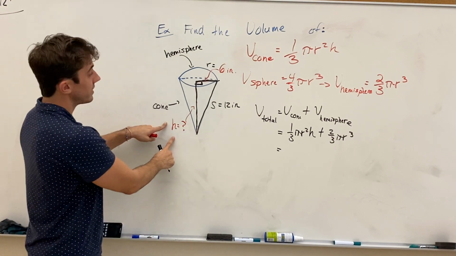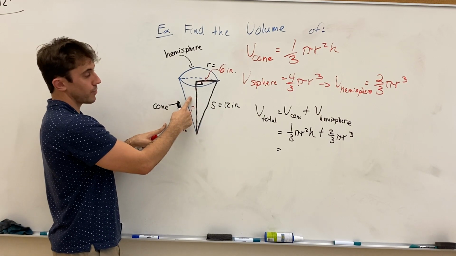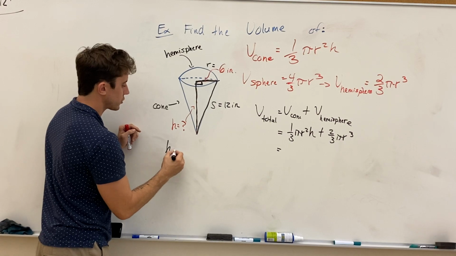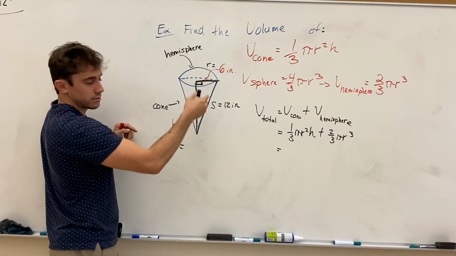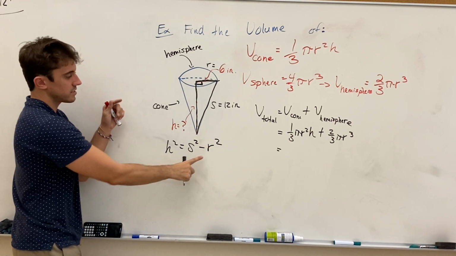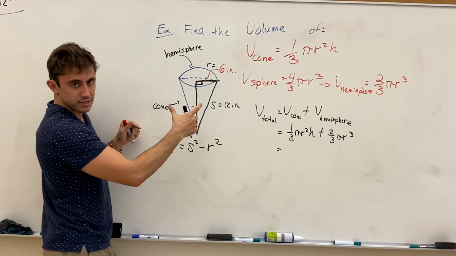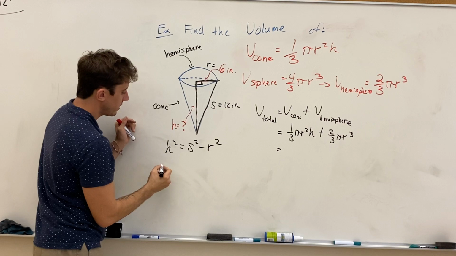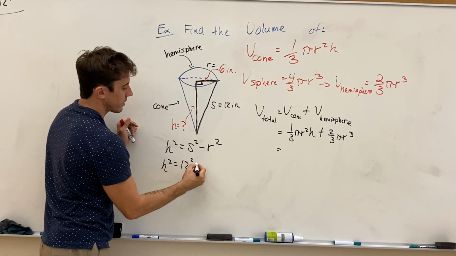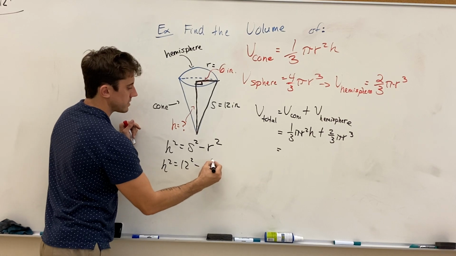The height is not the hypotenuse, that would be the slant height, and so we know that h squared is going to be s squared minus r squared. We subtract when we look for one of the shorter sides in a right angle triangle. And so we have that h squared is equal to 12 squared minus 6 squared.